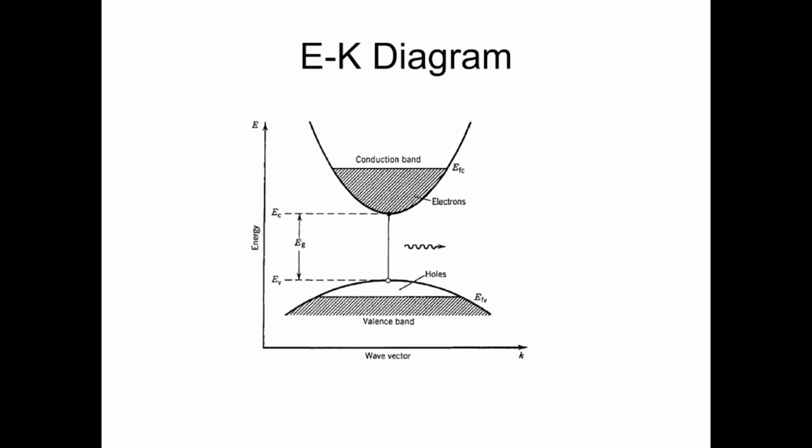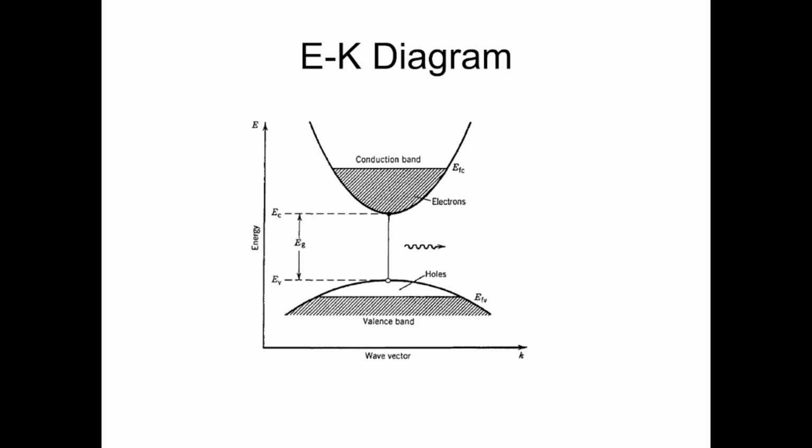Before that, we'll just discuss the E-K diagram. Already we have discussed the energy band diagram. All will be knowing what an energy band diagram is. It relates the energy with the valence band and conduction band. How much amount of energy is present between the valence band and the conduction band.